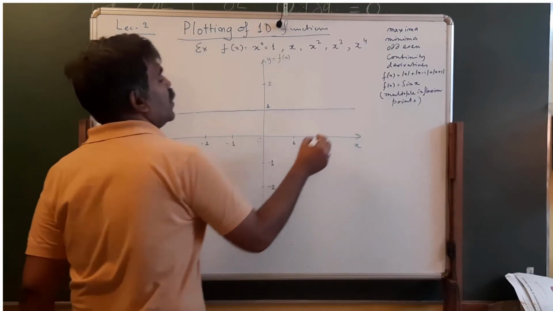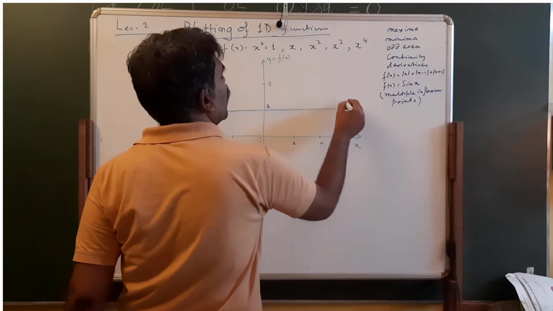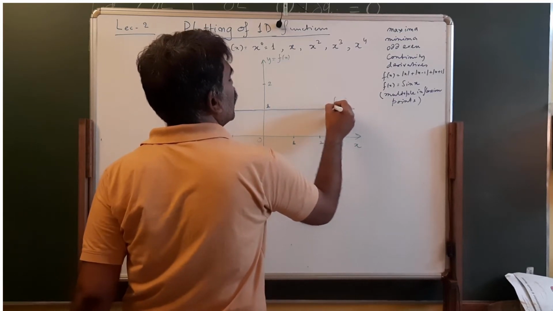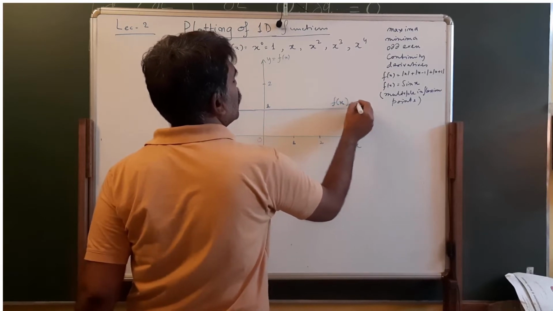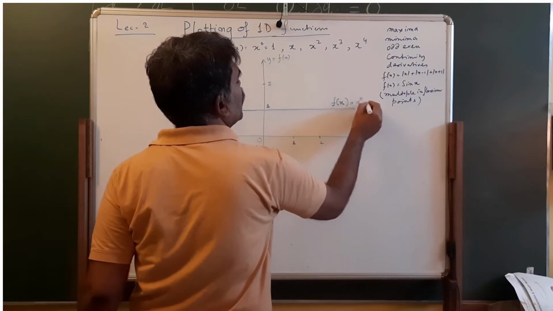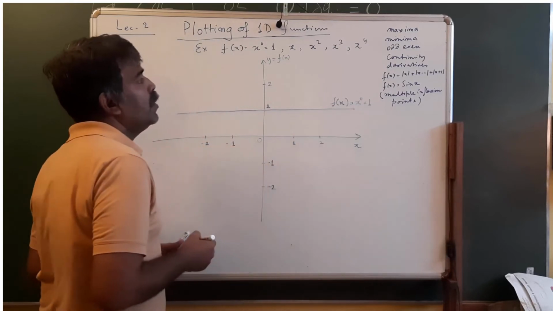This function f(x) is equal to x to the power 0, that is equal to 1.